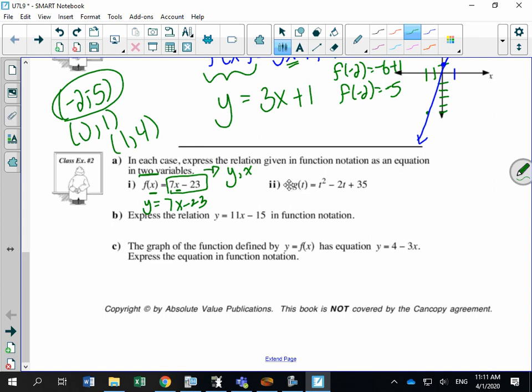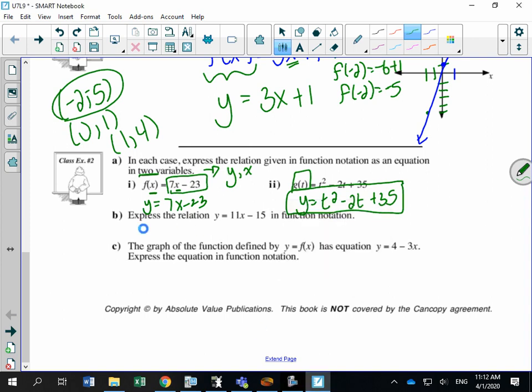So again, this one here, g of t is equal to this. Write this in 2 variables. G of t is just a fancy way of saying y. So y equals t squared minus 2t plus 35. There's my answer in 2 variables, and my 2 variables now are y and t.